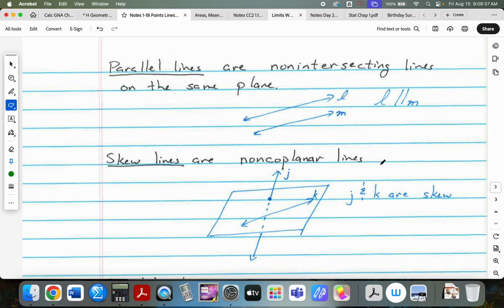So parallel lines are non-intersecting lines on the same plane. That's the part that people leave out typically when they give the definition. They're non-intersecting lines on the same plane. So here, line L and line M are parallel to each other. This is the symbol for parallel.